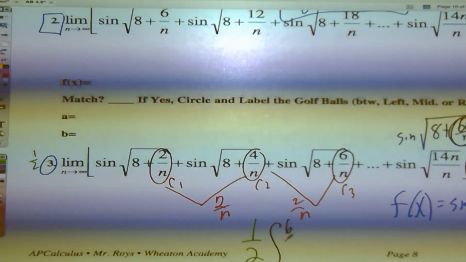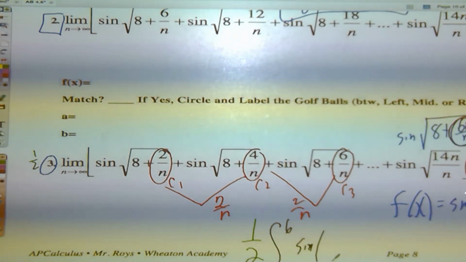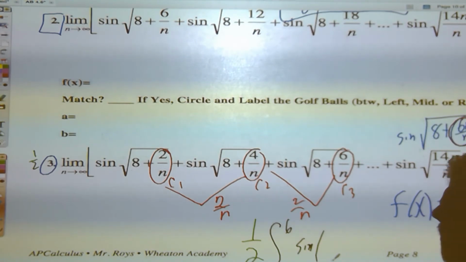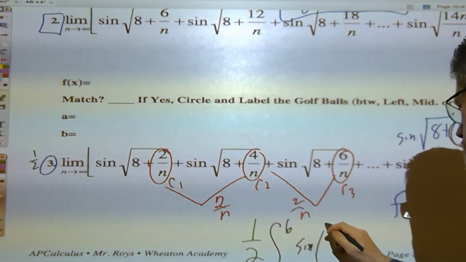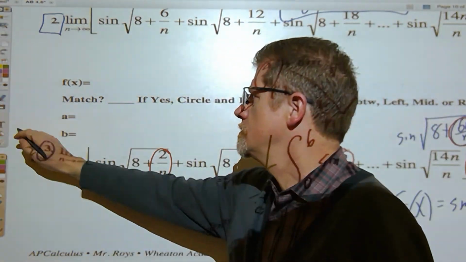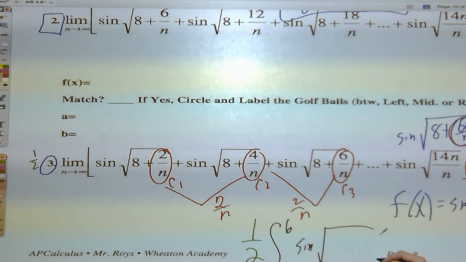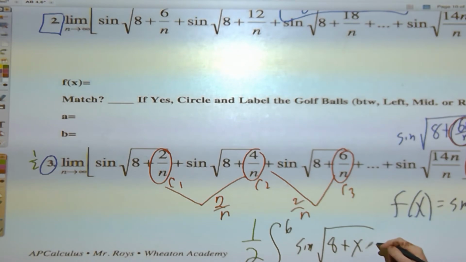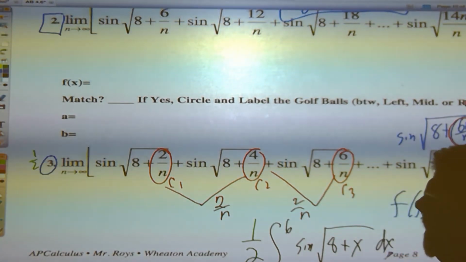So it's 1/2 times the integral from 0 to 6 of the sine of the square root of 8 plus x dx.